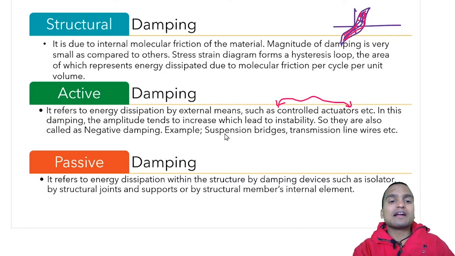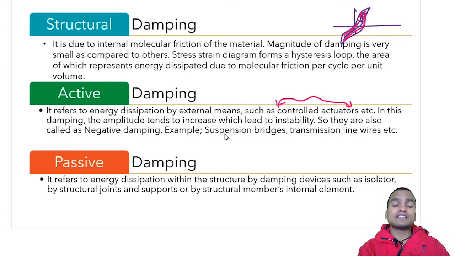And in active damping we try to use another type of damping which is passive damping, and it refers to energy dissipation within the structure by again external devices which are damping devices such as isolators.